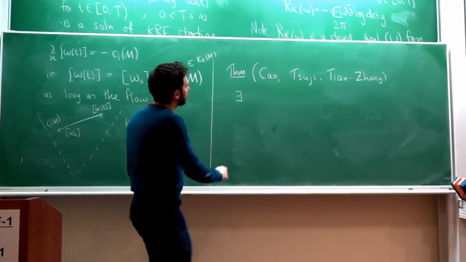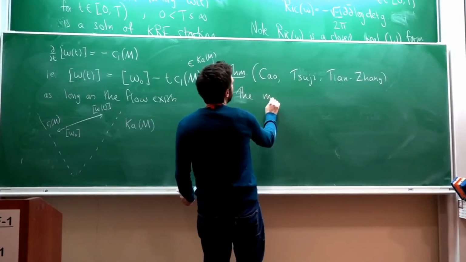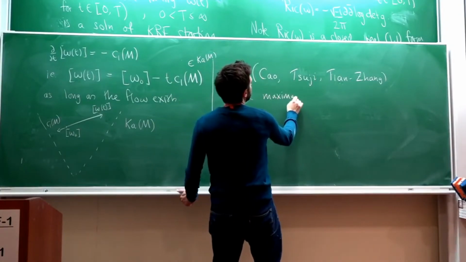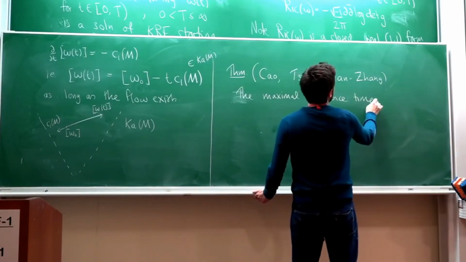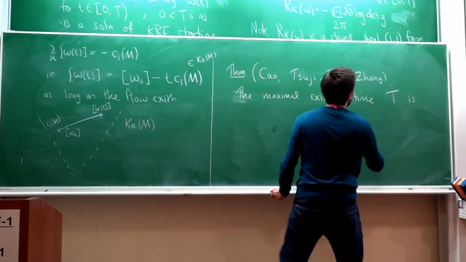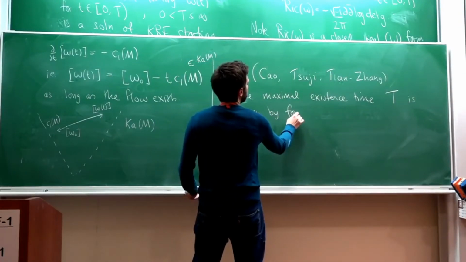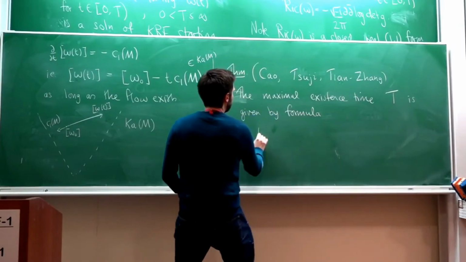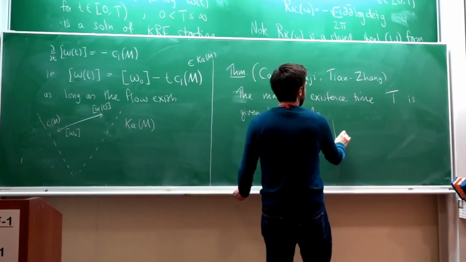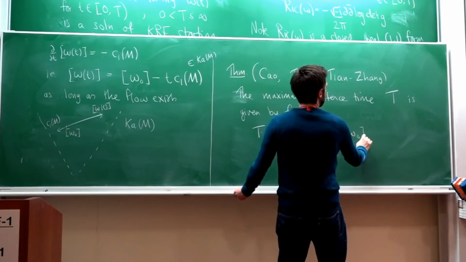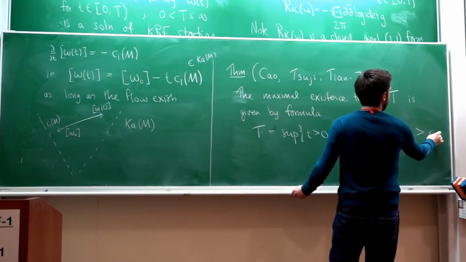So they show that there exists the maximal existence time. The maximal existence time, capital T, is simply given by the formula: capital T is simply the supremum of T positive such that omega naught minus T C1 of M remains in the Kähler cone.